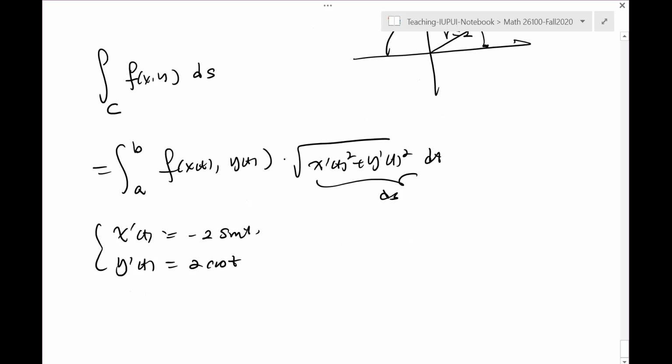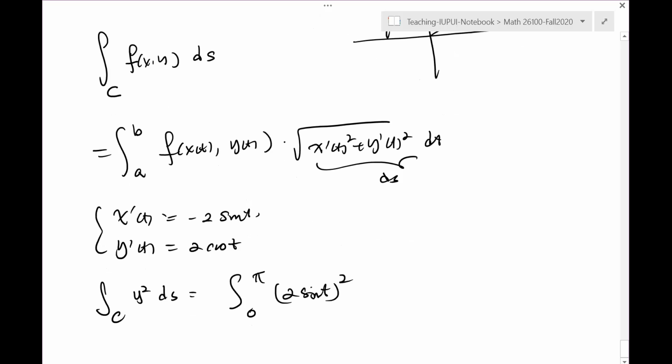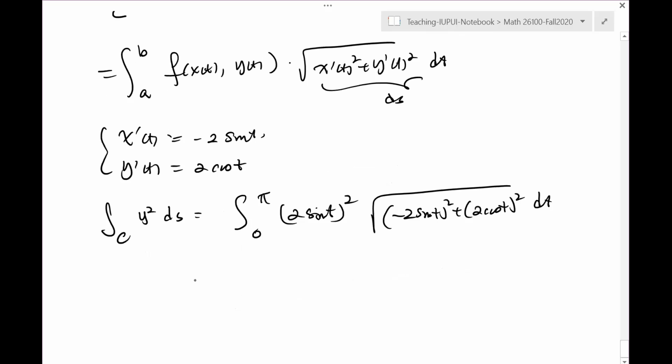So the integral of y squared ds, going from 0 to pi, y is 2 sine t squared. And ds here is the square root of (-2 sine t) squared plus (2 cosine t) squared dt, which gives you a 2. So 2 times 2 times 2, I have 8.